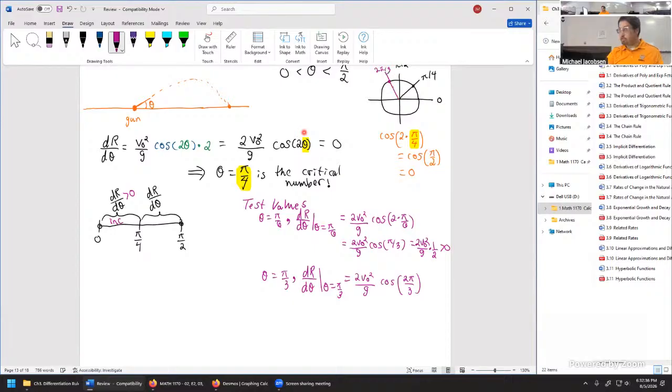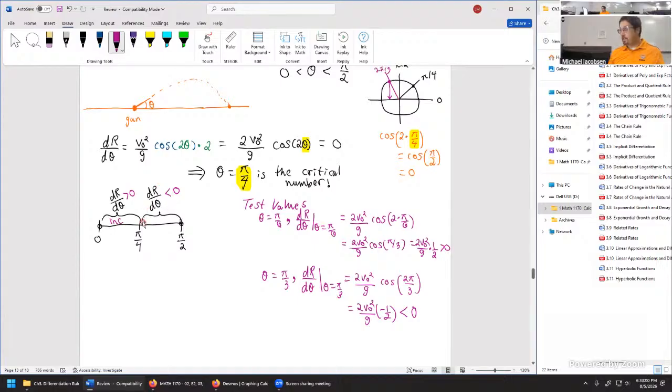We take a cosine value at 2 pi over 3, we end up down there, negative 1/2 on the x-axis. So this is now 2v naught squared over g times negative 1/2. That's absolutely negative, positive number times a negative number right here. That tells us dr d theta is less than 0.